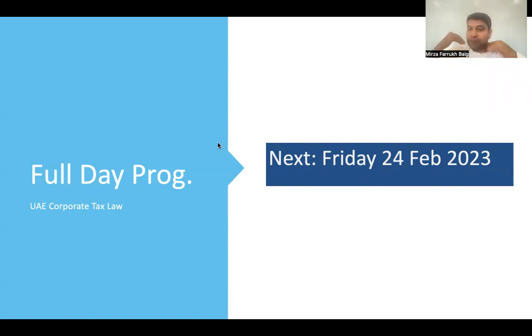But at present we don't have the exact clarification from FTA, so I would keep this for the future. But if you ask my opinion, if you're a free zone entity and you will be dealing straight away with mainland income, probably it may not be called a qualifying income.